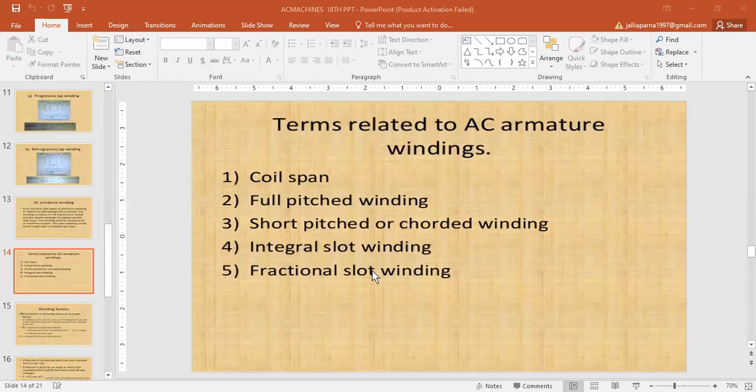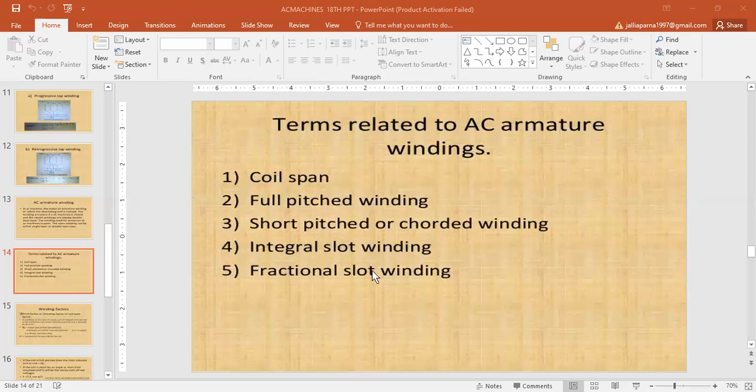Advantages and disadvantages of short pitch coil. The waveform of the induced EMF is improved, and the distorting harmonics can be reduced. Saving of copper in end connection. Mechanical strength of the coil is increased.